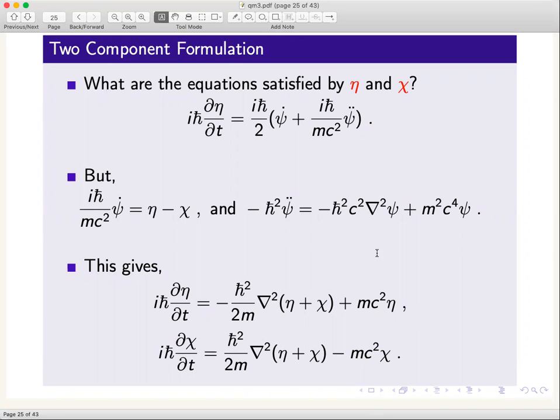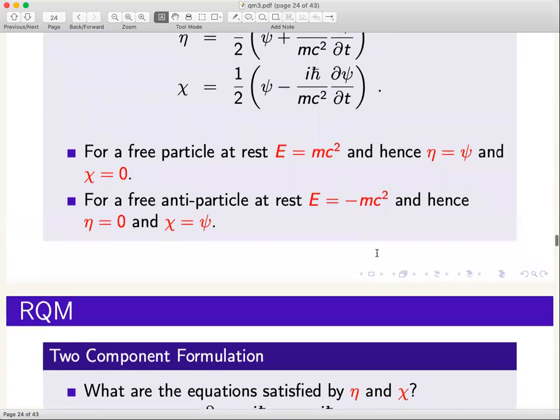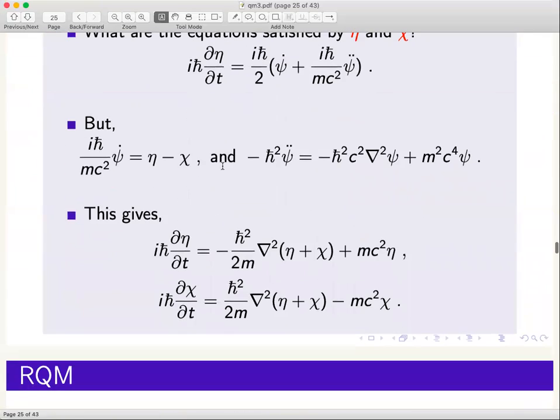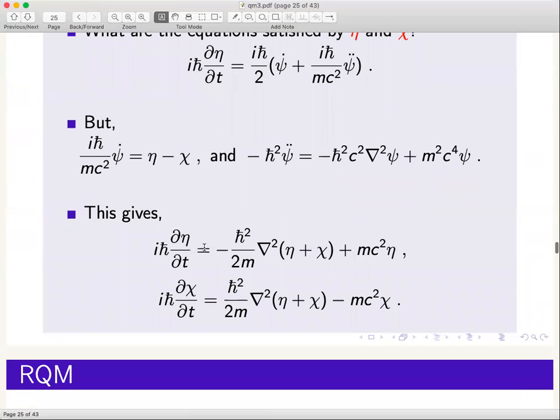The reason why it shouldn't come as a surprise is because we had seen that if the particle is at rest, these pieces are just popping out, with the other fellow being just 0. So clearly if E is equal to mc squared, you would get eta dot to be related to mc squared eta. But if E is equal to minus mc squared, then it is this term which will show up.